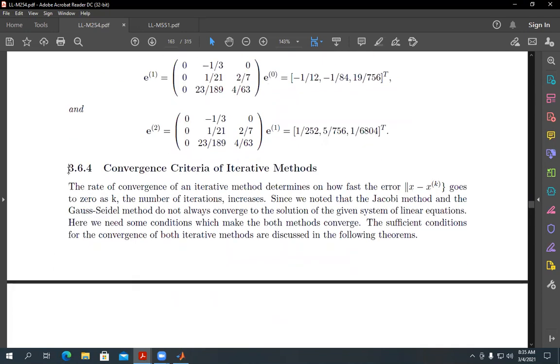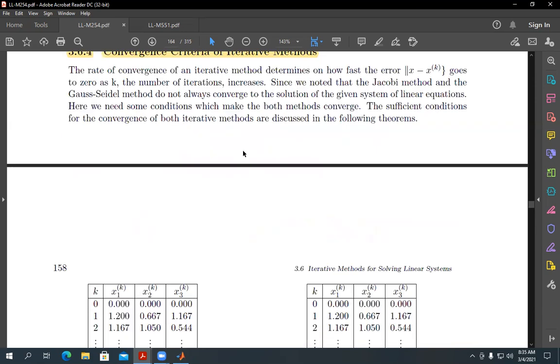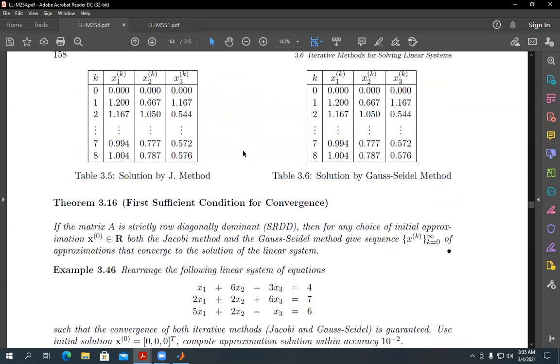Now we are ready to use the convergence criteria of the iterative method. Convergence criteria of an iterative method means when your iterative method converges and when it diverges. The first condition for the convergence is very simple, which generally the teacher never asks you in the exam.